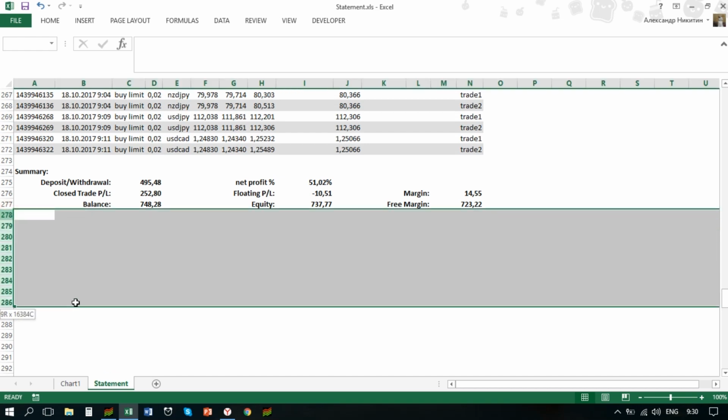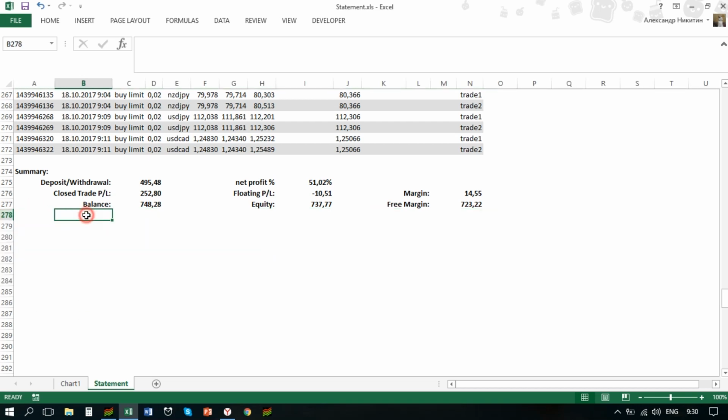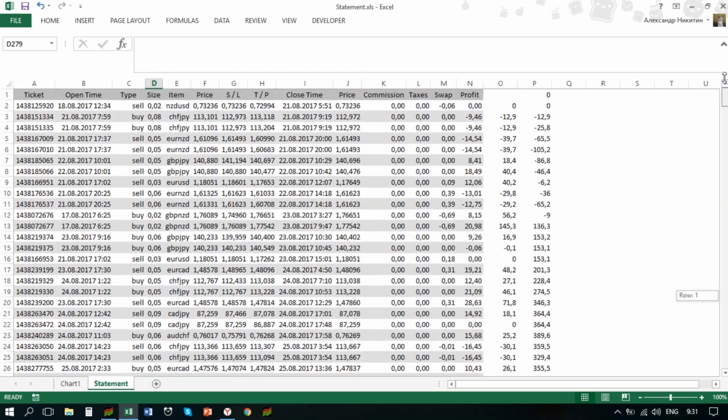Okay, let's calculate some other statistics here. How many winners do I have? Oh, sorry. Let's calculate the total amount of trades first. Here we need to calculate it this way.